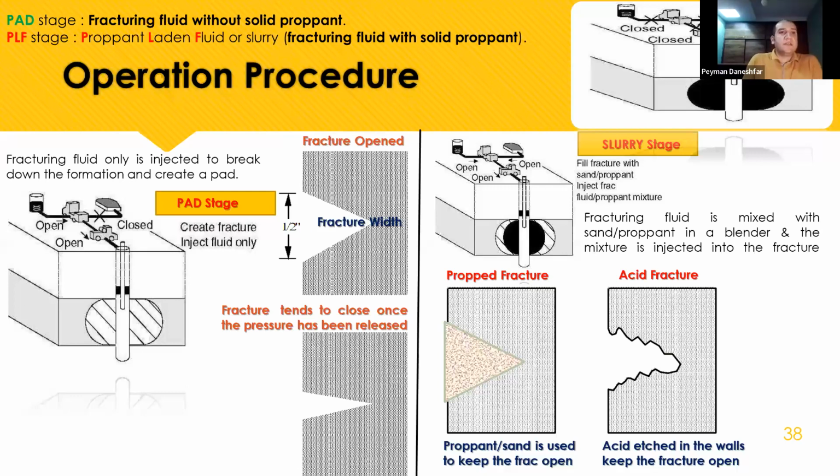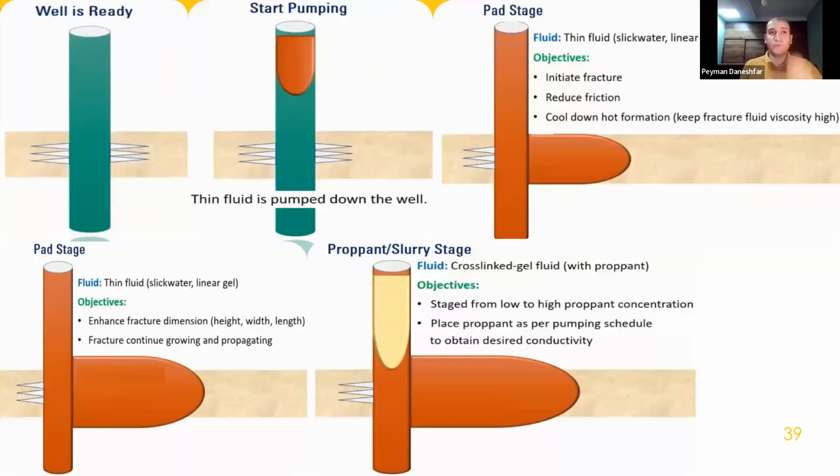This is the procedure. The well is ready. We start pumping. Which pumping? Pad stages. We use pad stages such as slickwater or linear gel, because we want to initiate the fracture, reduce the friction, cool down the formation, or introduce the formation to hydraulic fracturing.